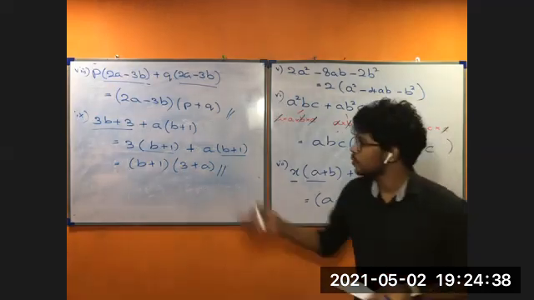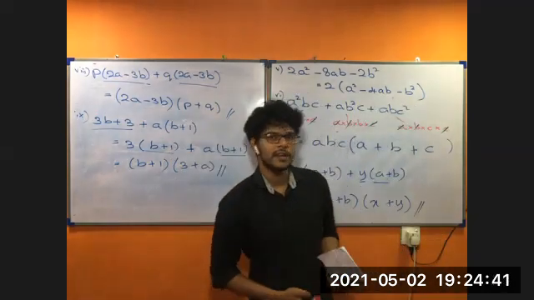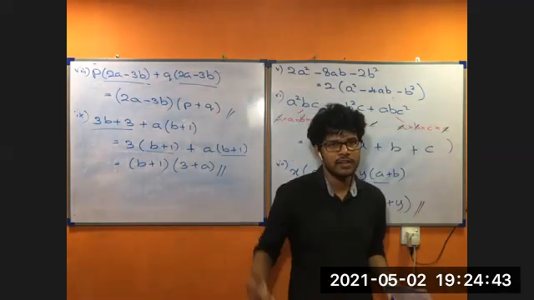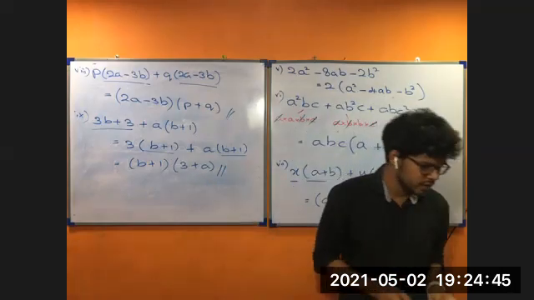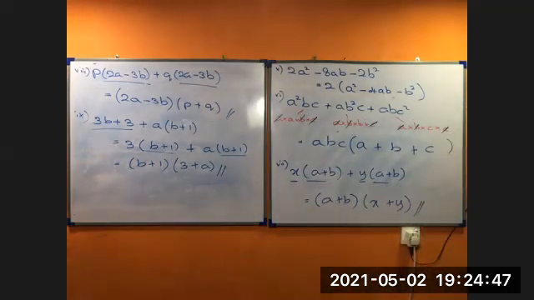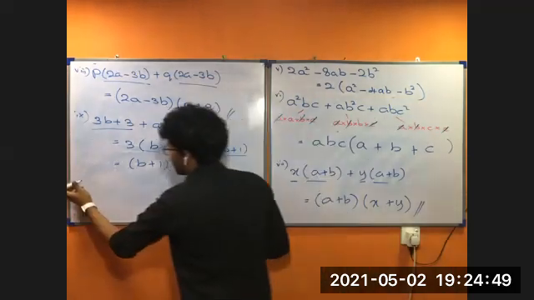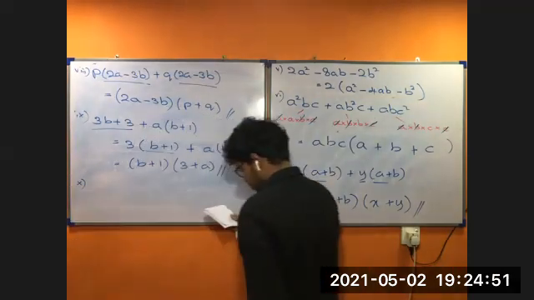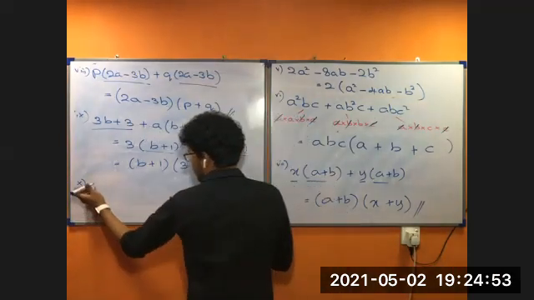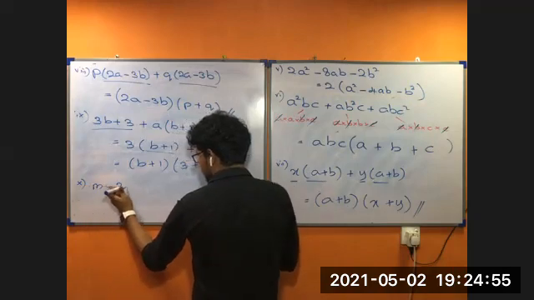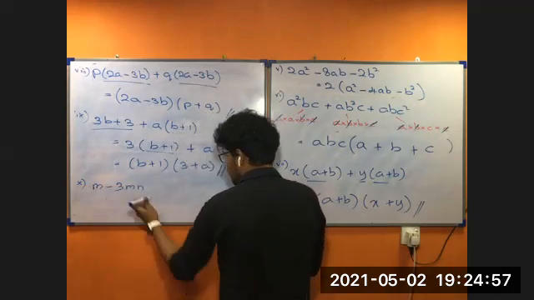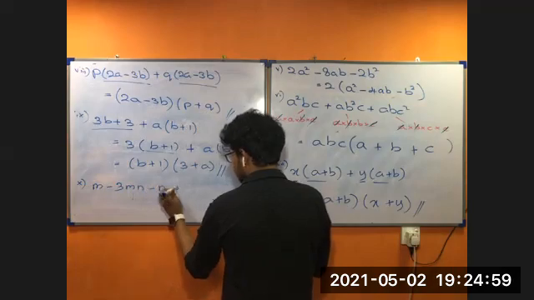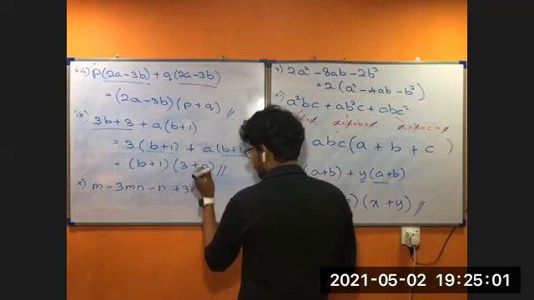Okay, so I'm just quickly doing these examples. And if anyone wants me to explain a little bit more, just tell me on chat, okay? I hope these things are fine, I'm just doing them very quickly. So next one, m minus 3mn minus n plus 3n squared.